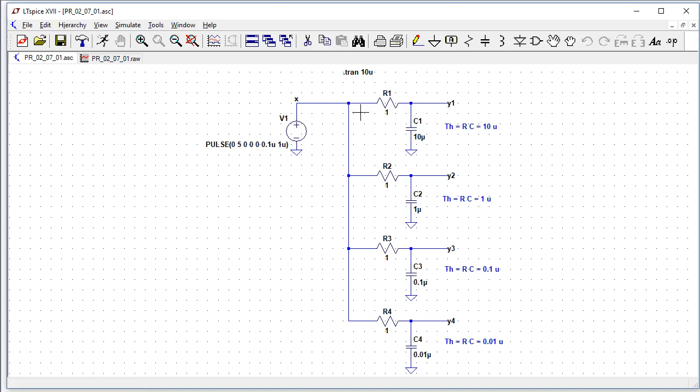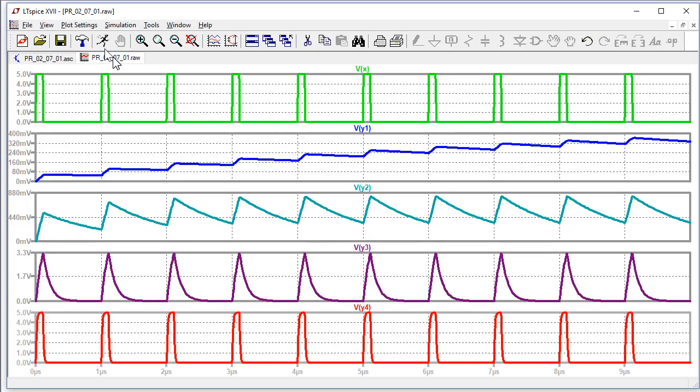So the output of that filter with this square wave input is y1, and then I look at reducing the time constant. So now if we simulate this case, okay, here at the top in the green you see the input pulse train, which has a period of 1 microsecond. And here's what happens when we send that pulse train through the channel that has the long system time constant.